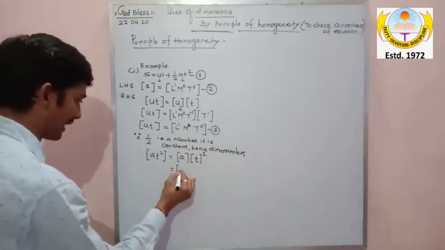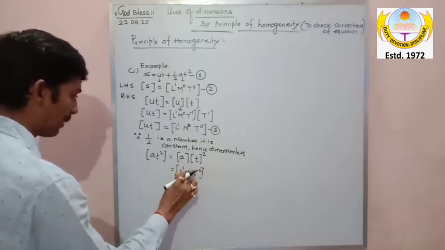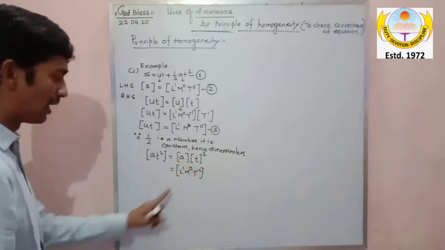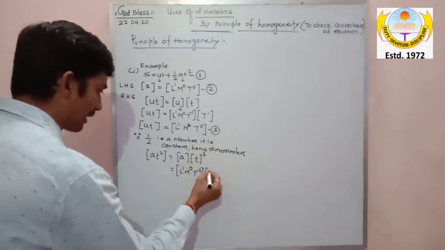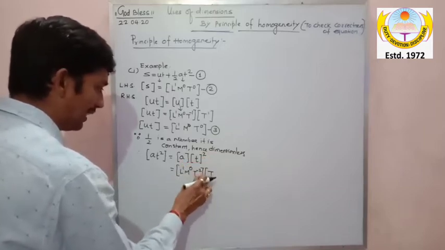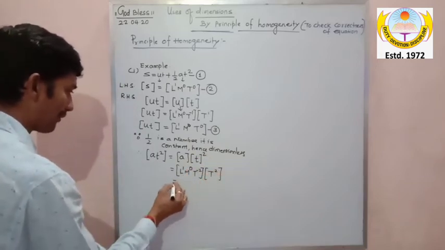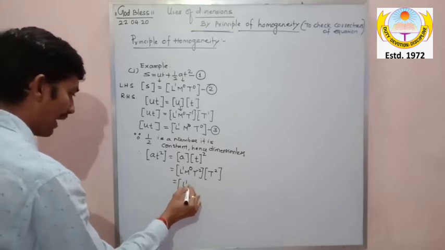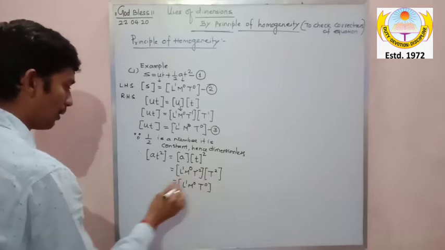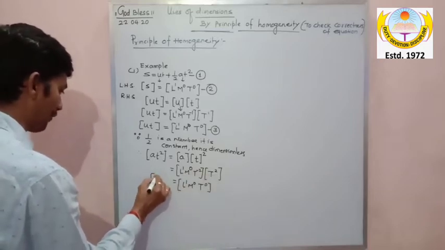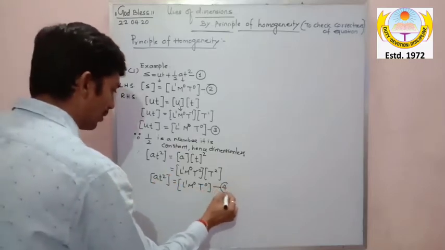The dimension of acceleration is L1 M0 T minus 2, and dimension of T square is T square. So now it will be L1 M0 T minus 2 plus 2, and this will become T0. I hope it is clear. This is the dimension of AT square. This I will put as equation number 4.